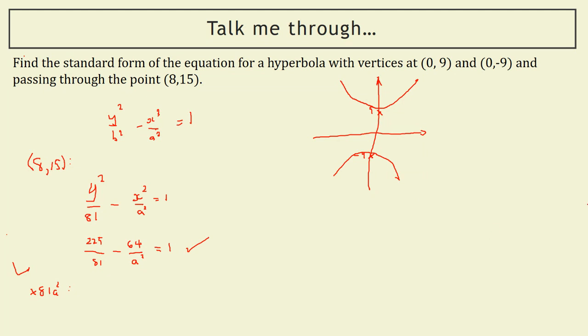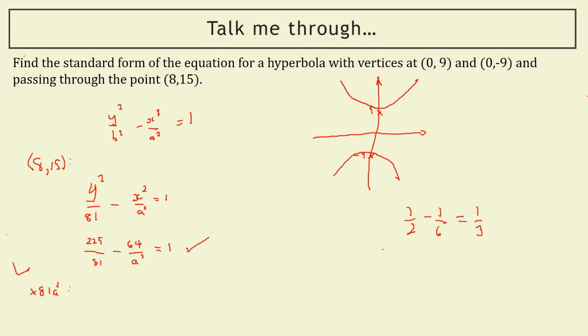fractions kicking around. Even if I had something simple like 1/2 minus 1/6, that's a third. A half is 3/6, and you end up with 2/6, it's a third. But I can multiply this through to get rid of the fractions.